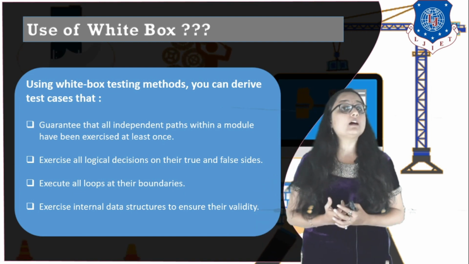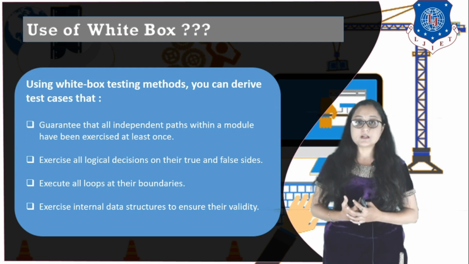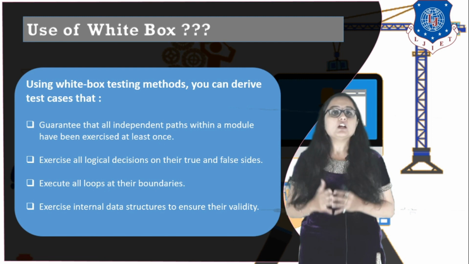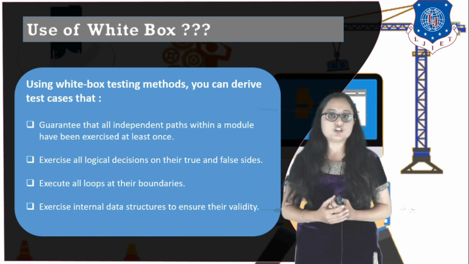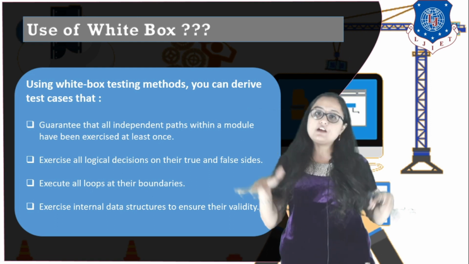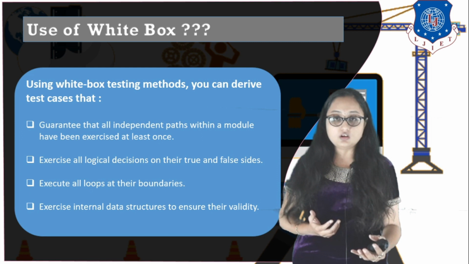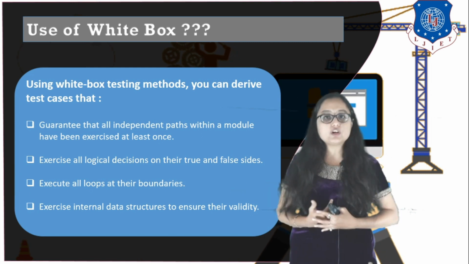We know what we mean by independent path. We have already studied in the previous lectures that if we have a decision in a particular program, we can either follow the true condition or a false condition. So for a decision I have two paths. Similarly, you can have multiple paths for switch case, right? So there are different paths that can be followed in a code.